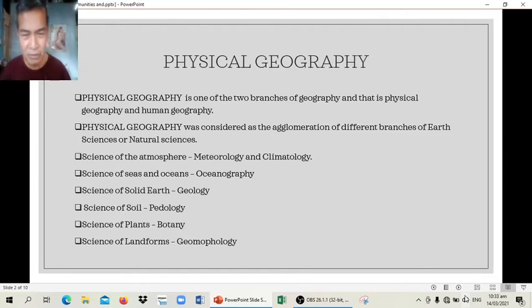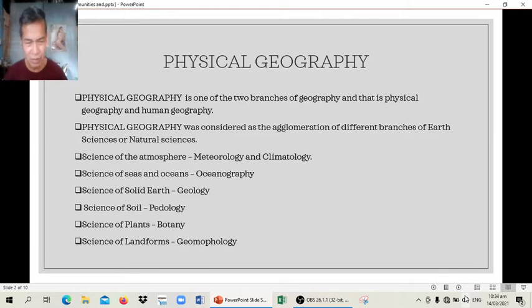Next, physical geography was considered as the agglomeration of different branches of earth sciences or natural sciences. These sciences, of course, are the sciences of the atmosphere, which we call meteorology and climatology. The next is the science of seas and oceans, which we call oceanography.